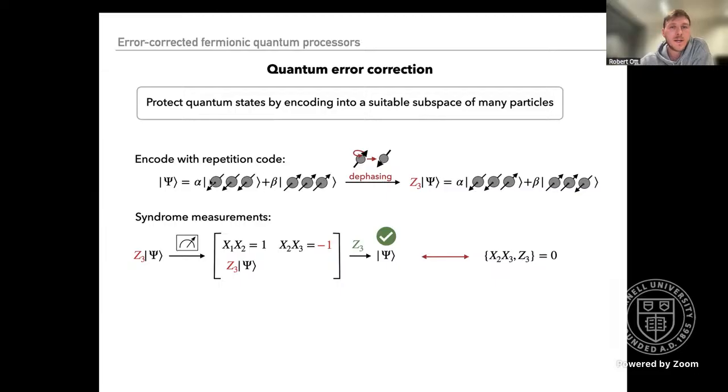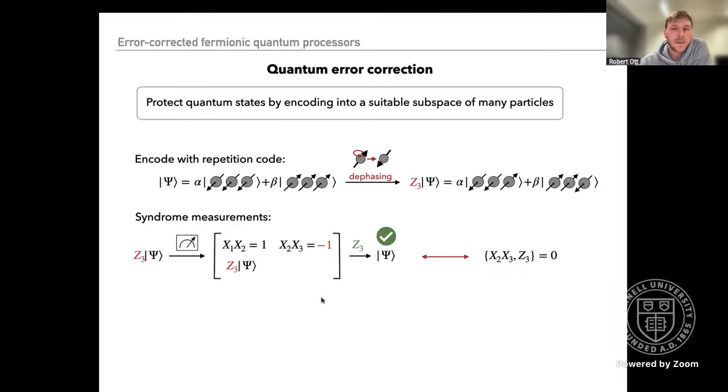So this is a +1 eigenstate with respect to both of these operators. Once you have this dephasing operation, it turns out that the second operator would flip its eigenvalue to -1. So you do this measurement, you detect this -1 over here. You know it corresponds to the Z3 that has happened, that was applied as an operator to represent your error. And you can correct for that by, again, applying a Z3. The fundamental reason why this works is because this syndrome, X2 X3, anti-commutes with the Z operator over here.